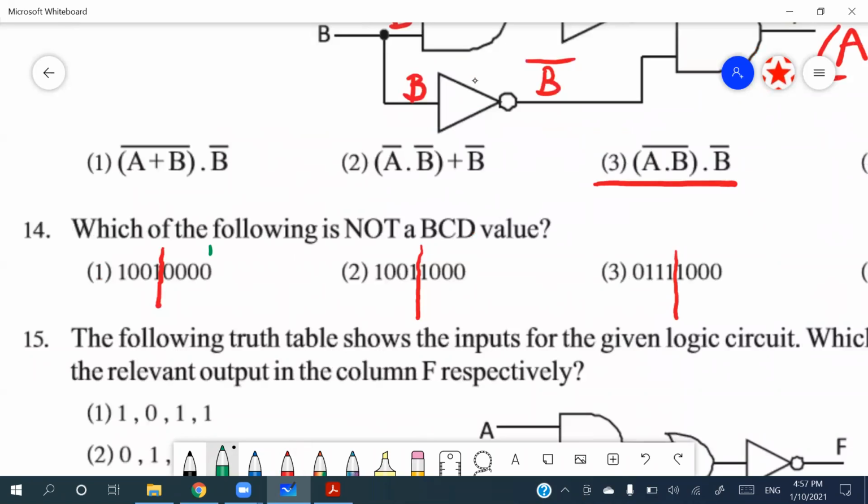So this is going to be 1, 2, 4, and 8. So this is going to give you 0. And when it comes to here, it is 1, 2, 4, and 8. So only the 1 and 8 positions are there. So this represents 9. So it's a valid one.